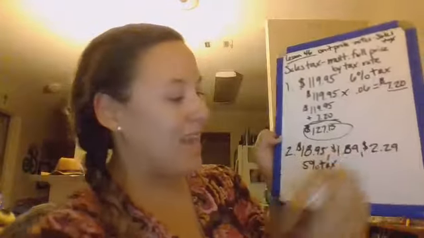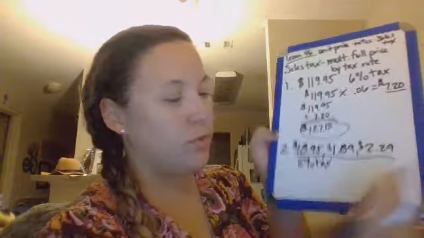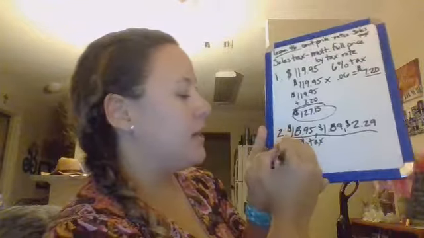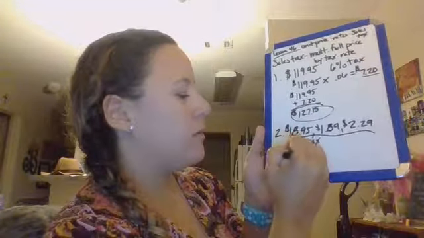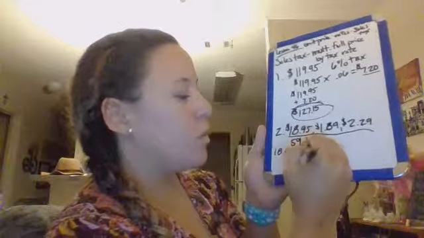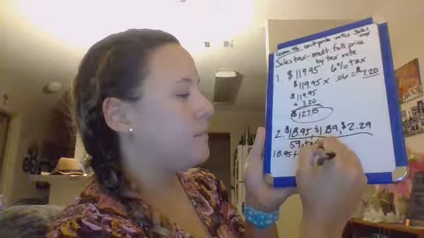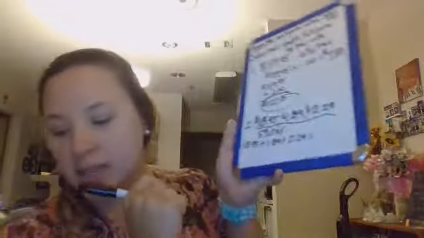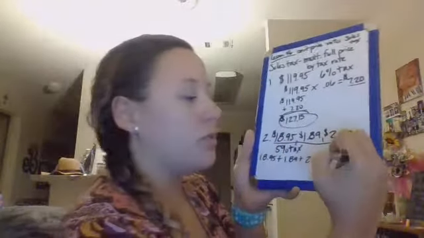So first we need to add up these three items. So we have $18.95 plus $1.89 plus $2.29 is going to give us $23.13.